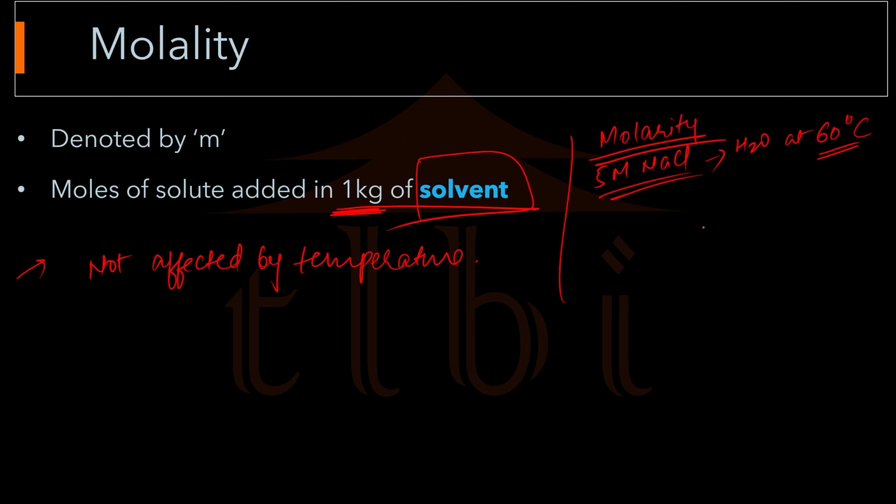Now at this temperature, the volume you measure will not be equal if you measure the same volume at 25 degrees Celsius or at 4 degrees Celsius. And since volume will differ, that means the molarity will differ.